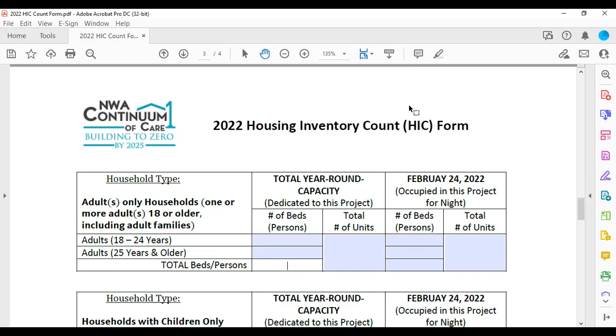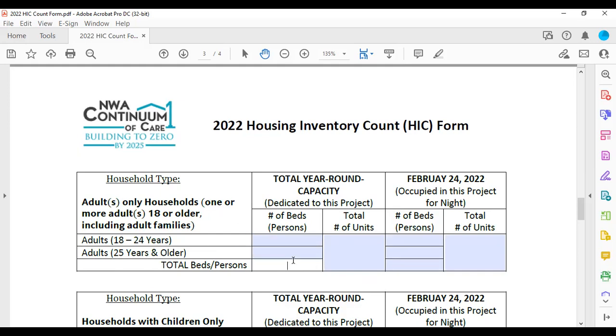Okay. So how many beds or persons? We separate by gender, of course. Right. And so when you complete those surveys, that's going to give us all of the demographic information that we're going to be able to input into HUD about these people that you actually had in the count.